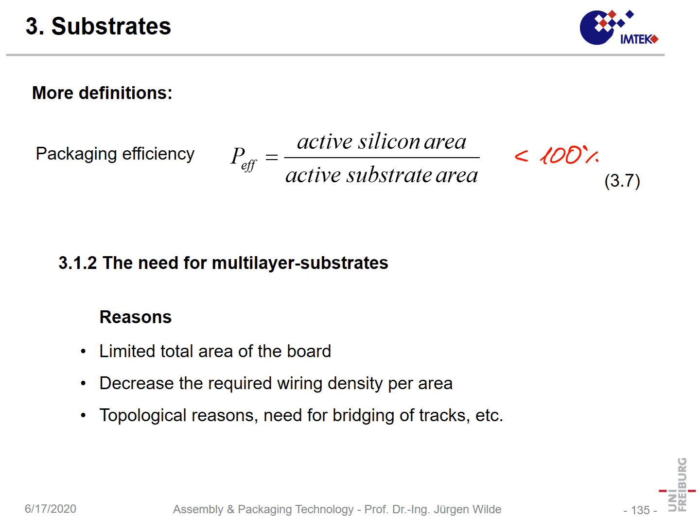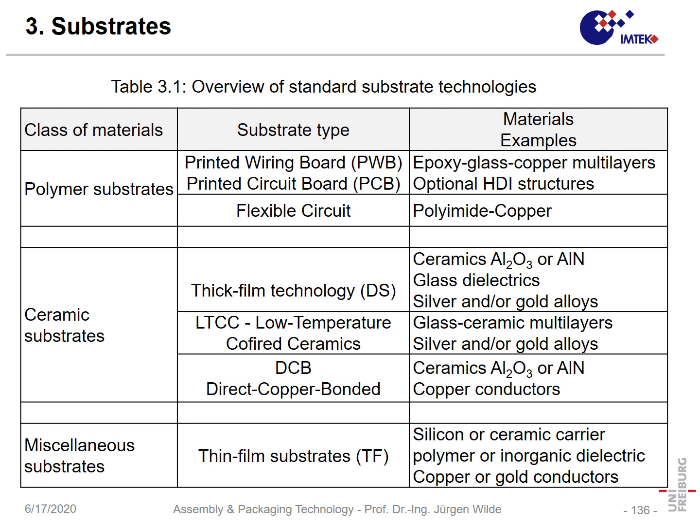So that means maybe no fine pitch, coarser pitch, but more layers. And it can just be topological reasons. So for bridging, for instance, and some interconnections on board, it is sometimes necessary to select a minimum number of layers. And for instance, sometimes we need 4 layers, and with fewer layers we cannot accomplish wiring on such a board.